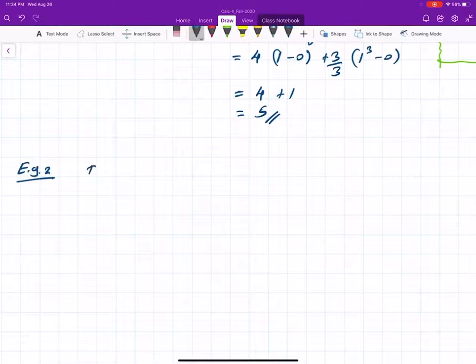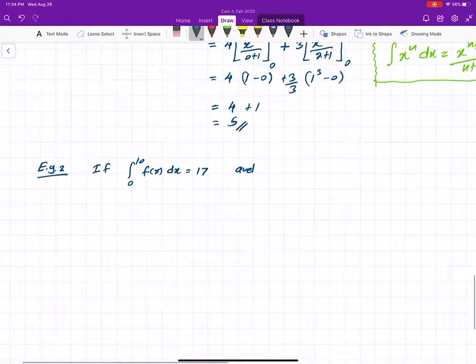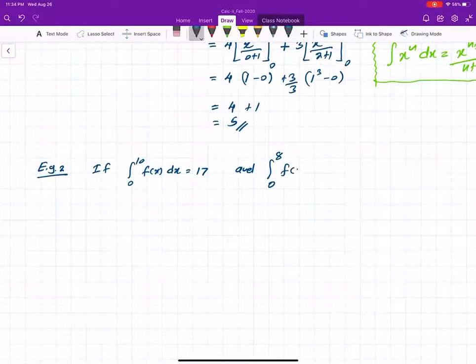Let's say the integration from 0 to 1 of f of x dx is 17, and the integration from 0 to 8 of f of x dx is 12.